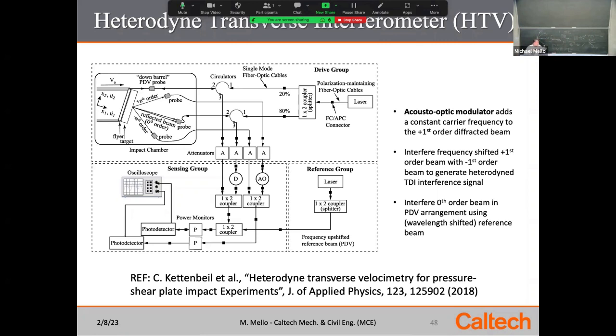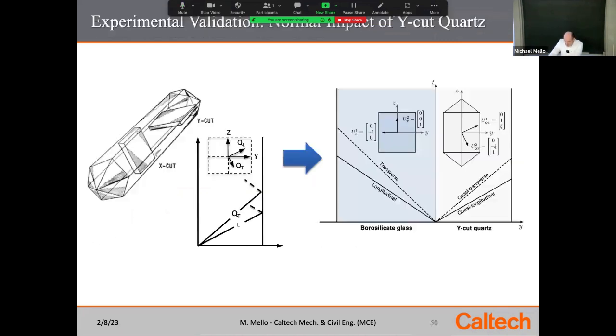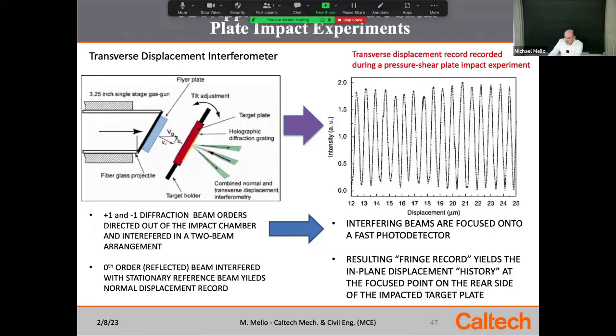And then you're getting the normal component of motion associated, say that one, whereas this one might be U2, okay? So this allowed people to probe the high strain rate behavior of materials. There's no tensile testing machine in the world that can give you the stress strain curve.